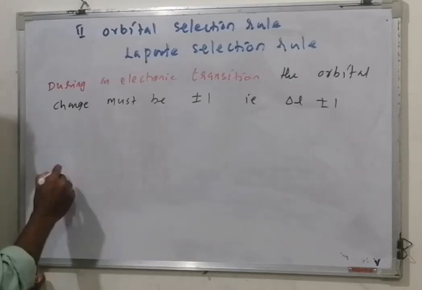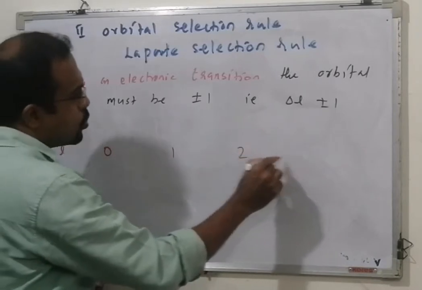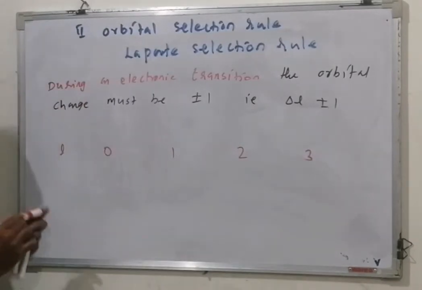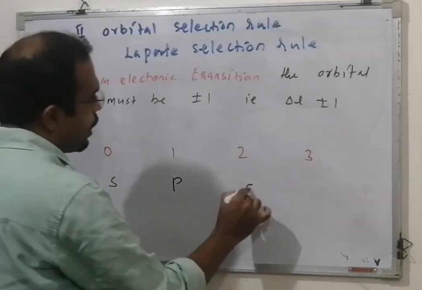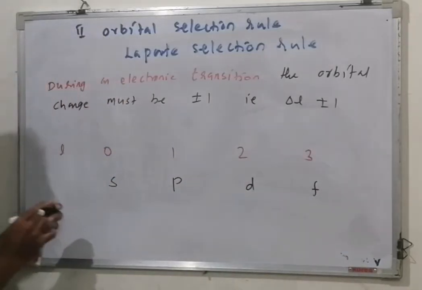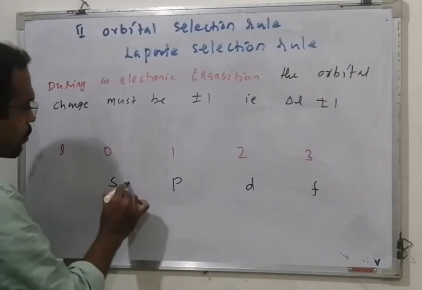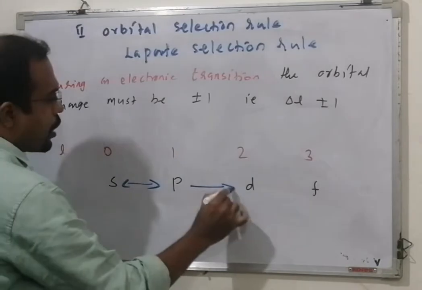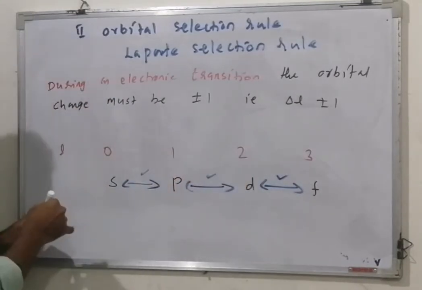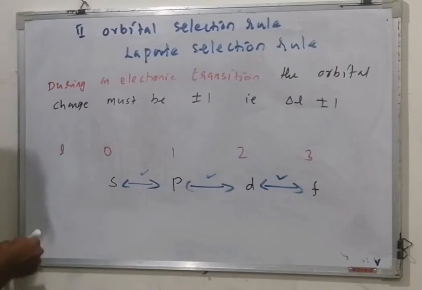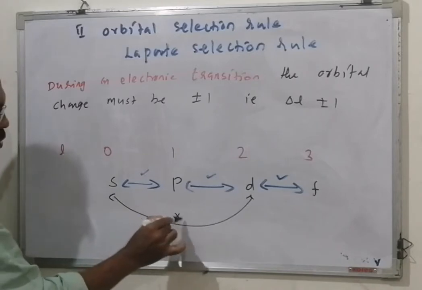We have L is equal to 0, 1, 2, 3. These are the orbitals or subshells, that is S, P, D, F. You can have a transition from S to P, or P to D, or D to F. All are allowed. But this transition is not allowed.